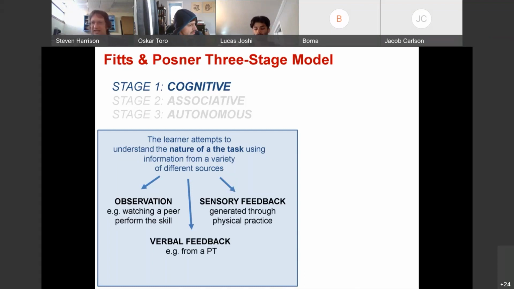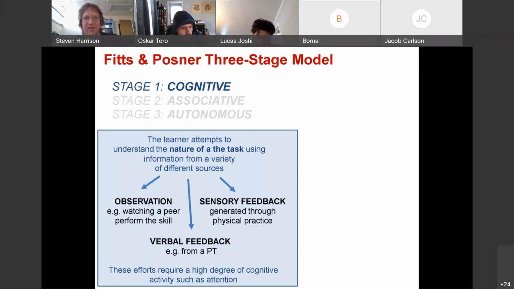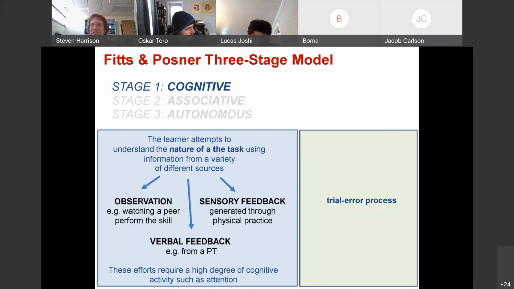Paying attention to what it actually looks like when you try to do something is going to be valuable for understanding the nature of the task, especially when you connect this to something like mental practice: practicing something, visualizing a step, and that facilitates you being able to mentally practice it. So what's a key characteristic of this? Each of these efforts requires a high degree of cognitive activity, most specifically attention.